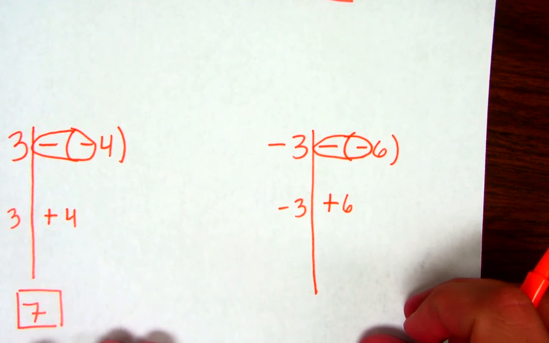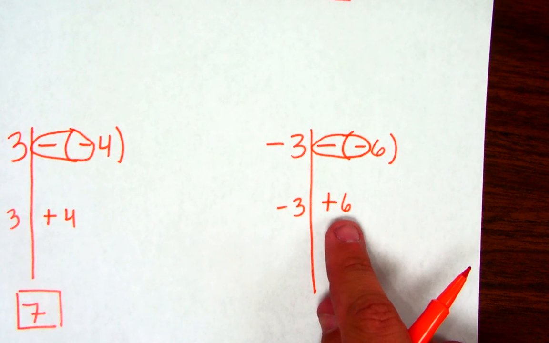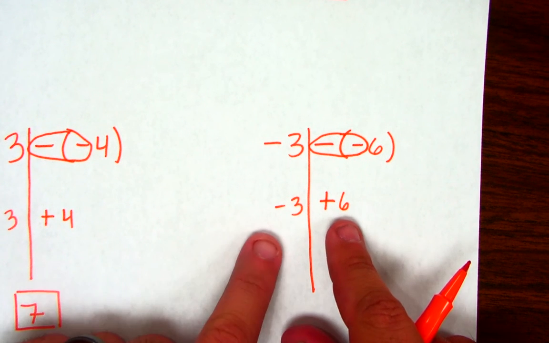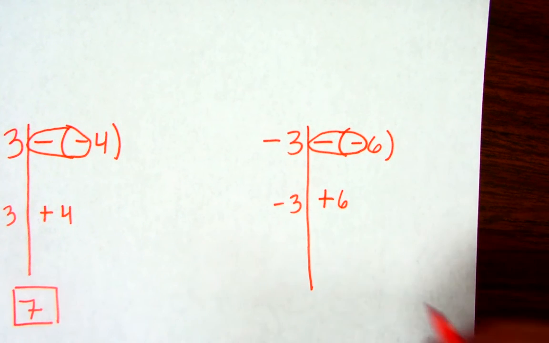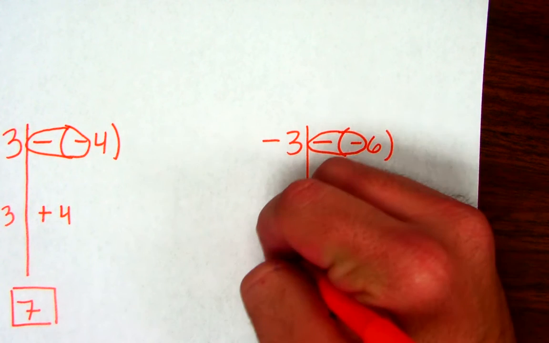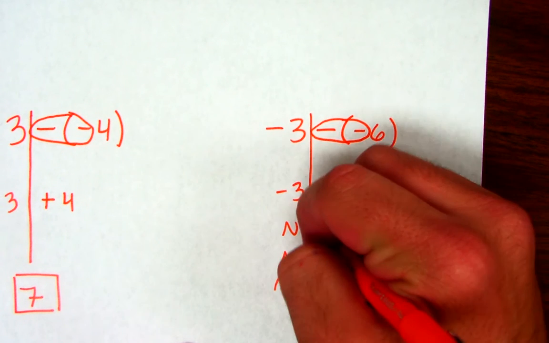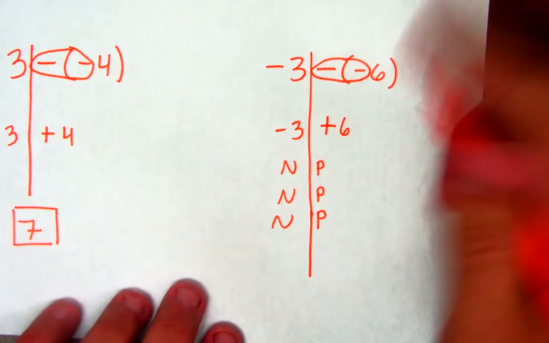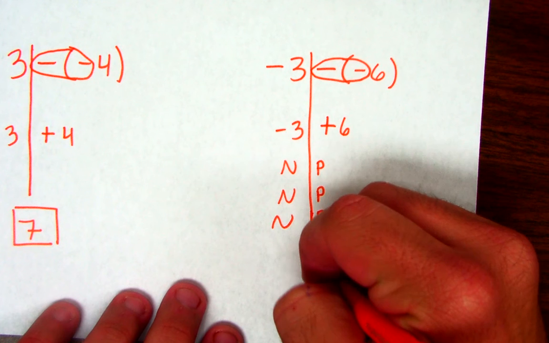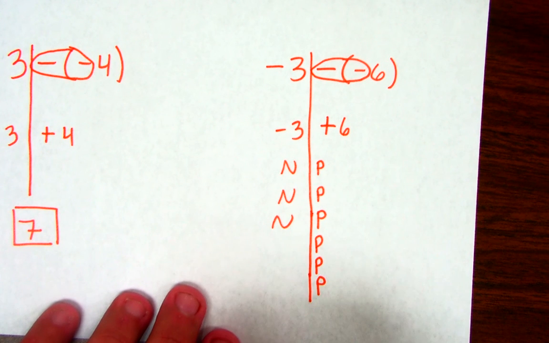So let's look at this now. I have 6 students that converted into positive attitudes, but I still have 3 students with negative attitudes. So what am I left with? Well, let's see. Negative, negative, negative, positive, positive, positive, positive, positive, positive. Well, I also told the students that opposites attract one another.